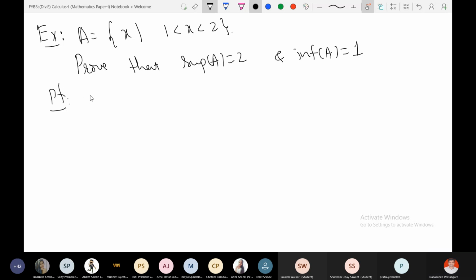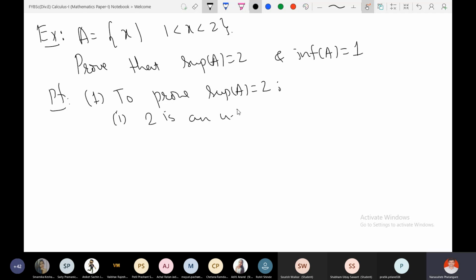So what is the first step to prove that the supremum of A is equal to 2? First, 2 is an upper bound of A. This you should verify, and that is clear from the definition.